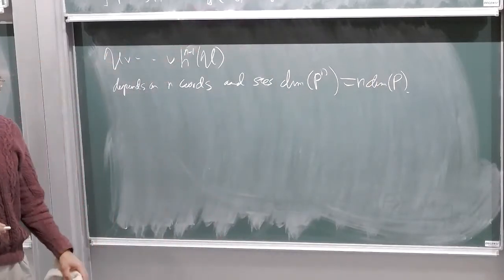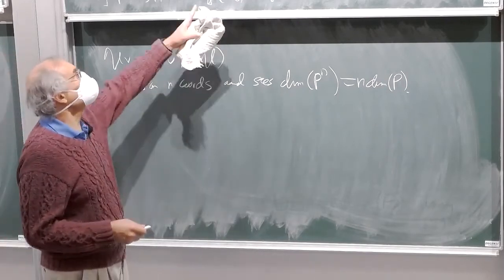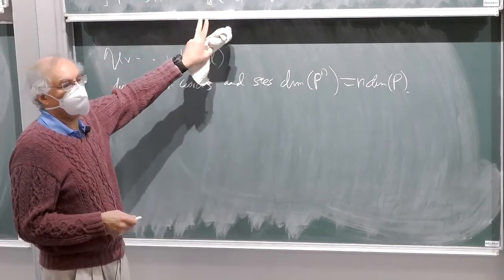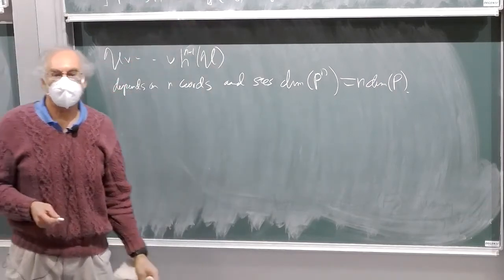So this is the right normalization. Okay, I'm cheating here because the original U can depend on more than one coordinate, but it can only depend on finitely many coordinates by the definition of the product topology.